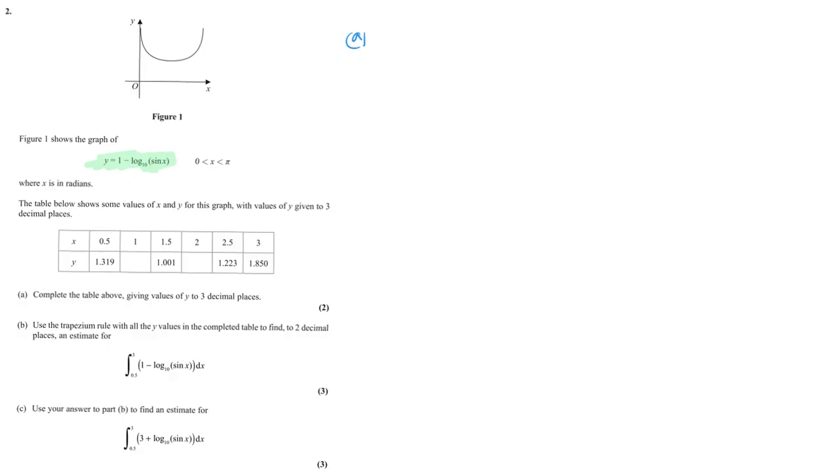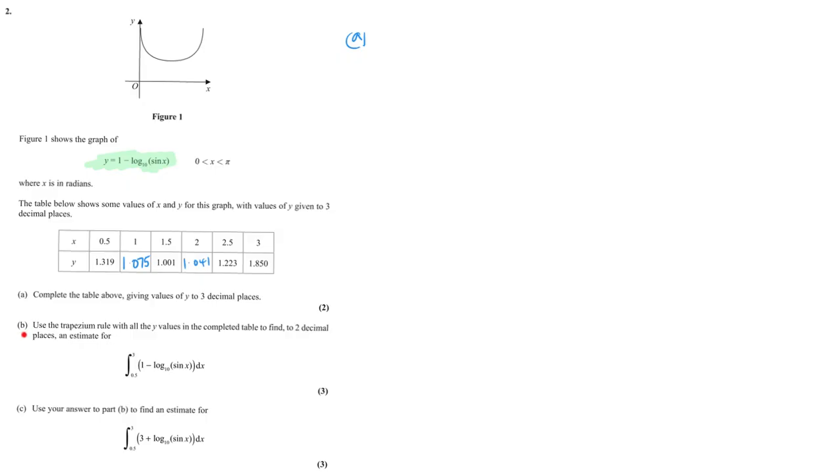So you may have to do that as well. I'm not sure, but it might just be my calculator. Anyway, I'll put the values in. So this value is 1.075, rounded to 3 decimal places, and then this one is 1.041. Okay, so it's an easy 2 marks.